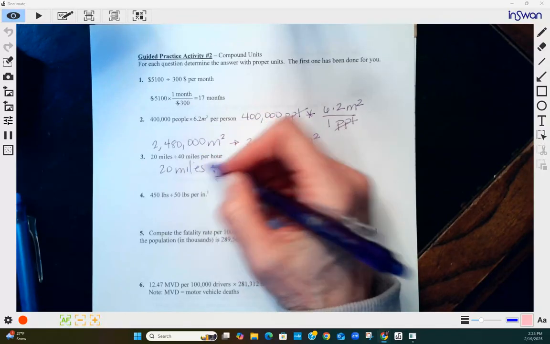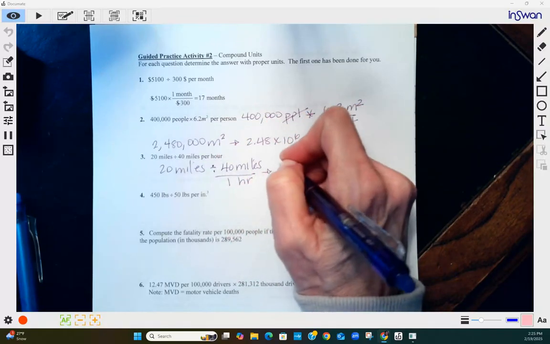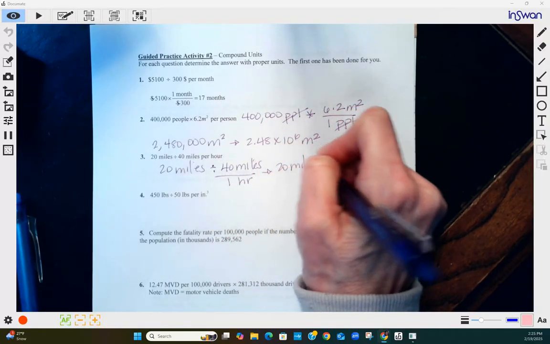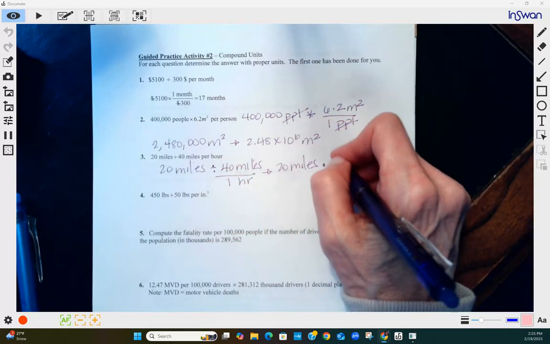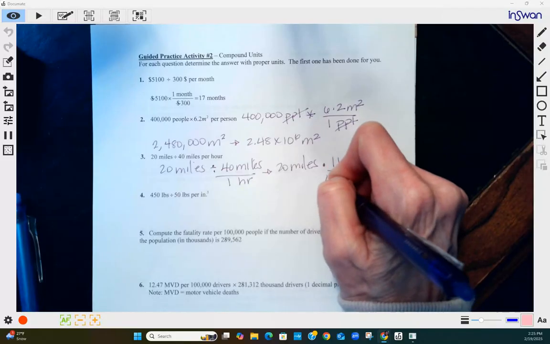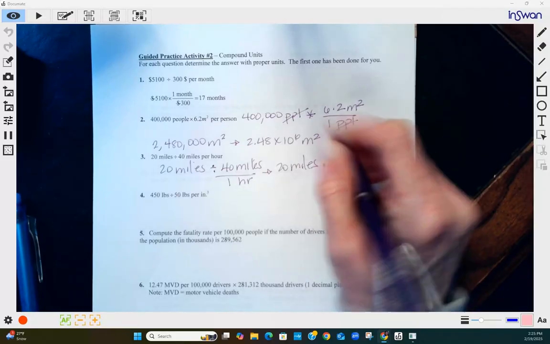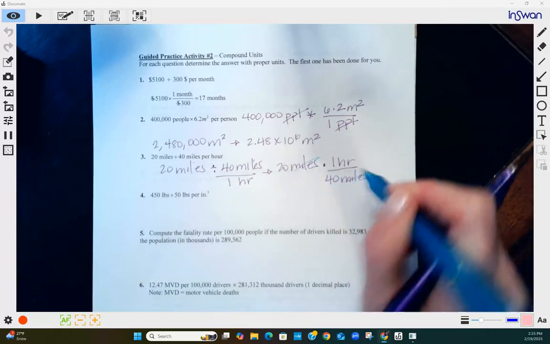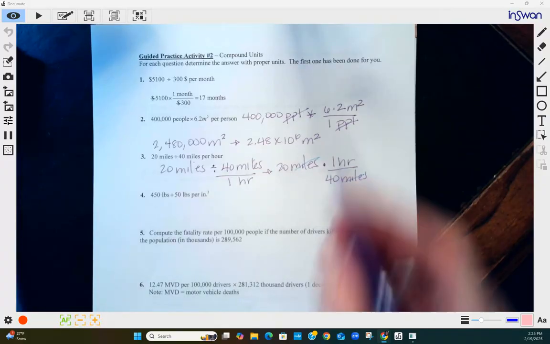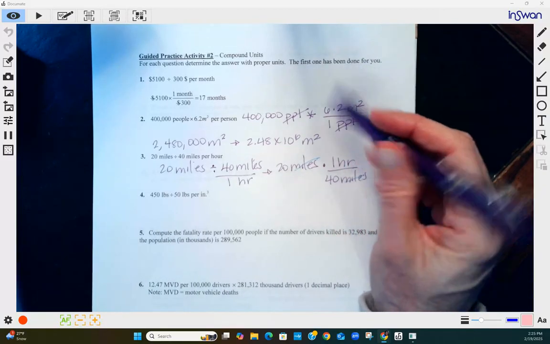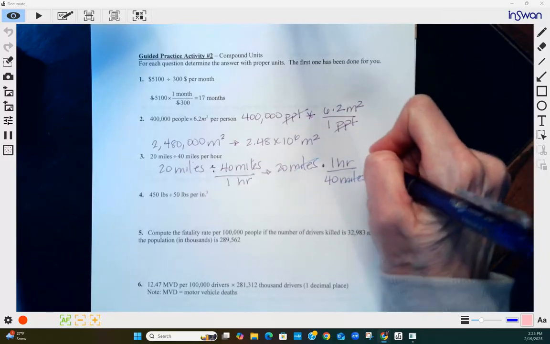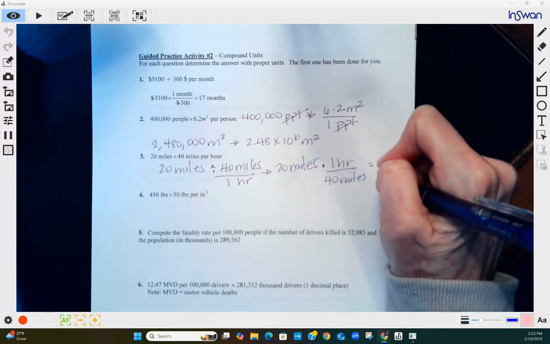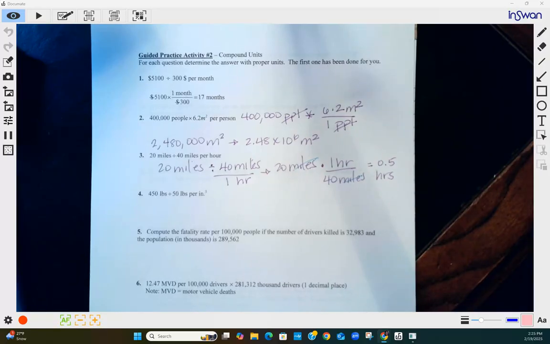When you divide by a fraction, you actually turn that into a multiplication problem by flipping the fraction that you're supposed to be dividing by, which works out because with dimensional analysis, that sets you up to cancel those miles. And so that leaves you with just hours. And then it's still going to end up being 20 divided by 40, so it is 0.5 hours.